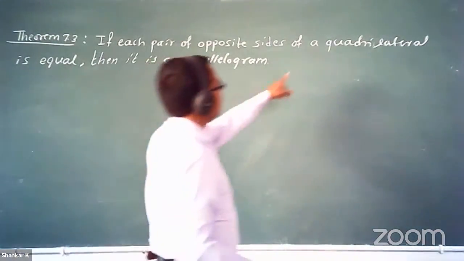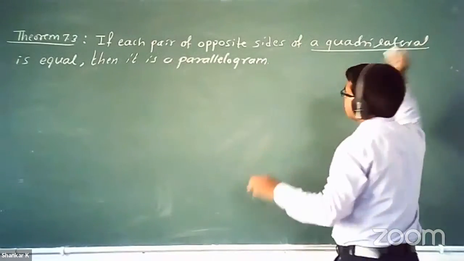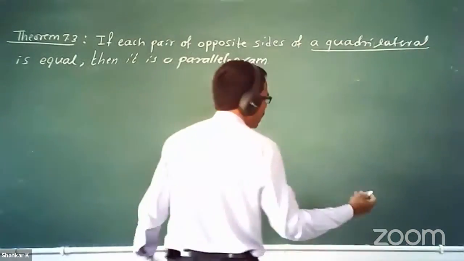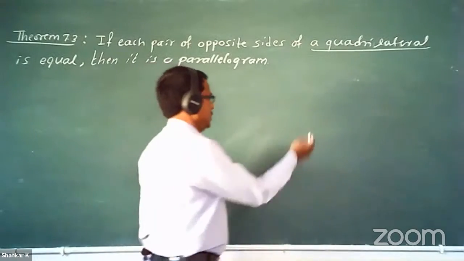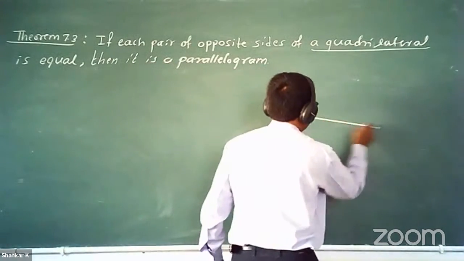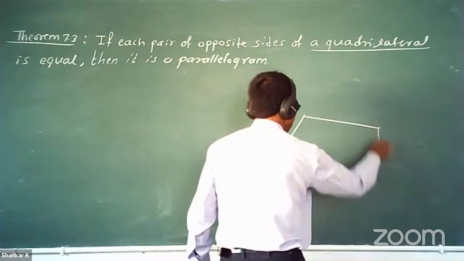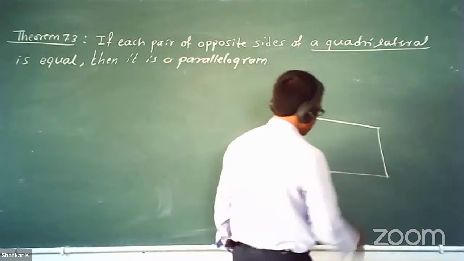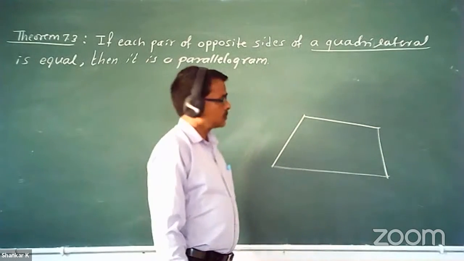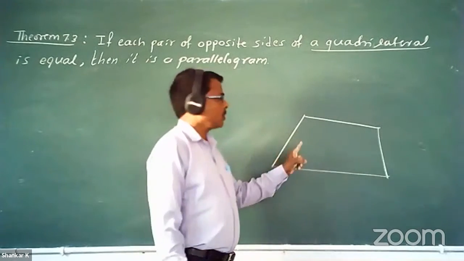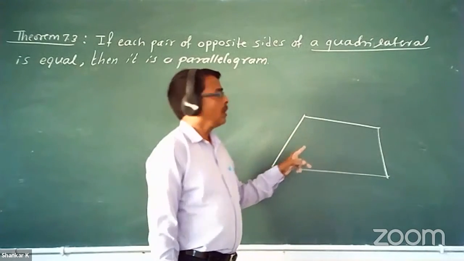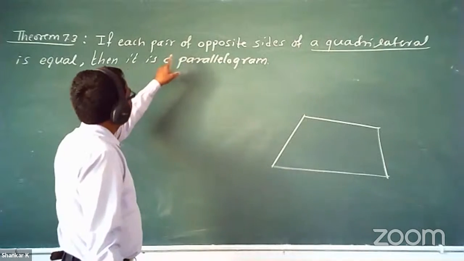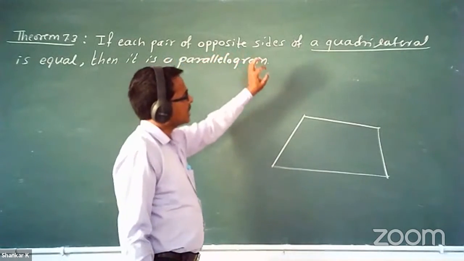They have given a quadrilateral. Quadrilateral means a four-sided closed figure. But what they have told is that in the quadrilateral, opposite sides are equal.